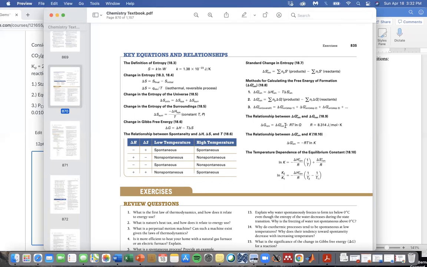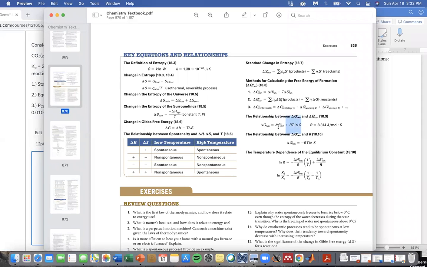So when we have standard conditions, we're not working at equilibrium, and we can use delta G reaction equals delta G standard plus RT ln Q. But this RT ln Q goes to 0 because our Q value is going to be 1, because all of our pressures are 1.